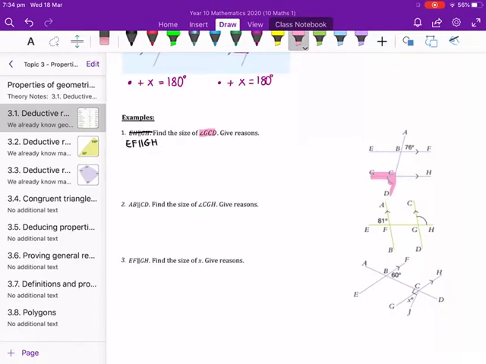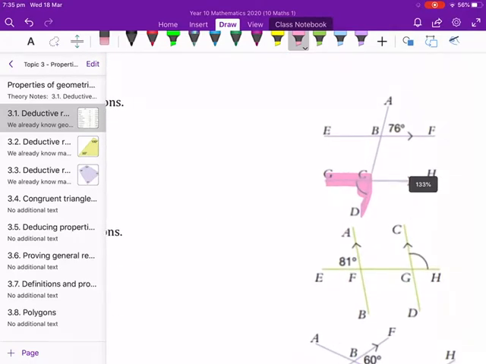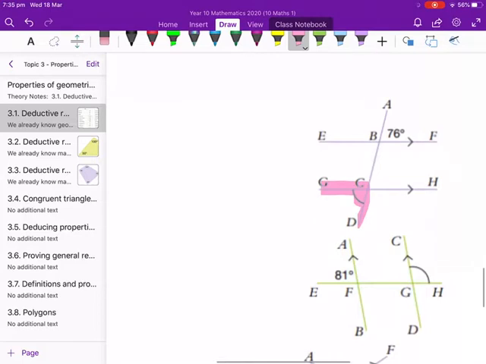So, what we know is that angle ABE equals 76 degrees. So we are going to find out if we can see anywhere else that equals 76 degrees on our diagram. So I'm just going to zoom into our diagram for a second.